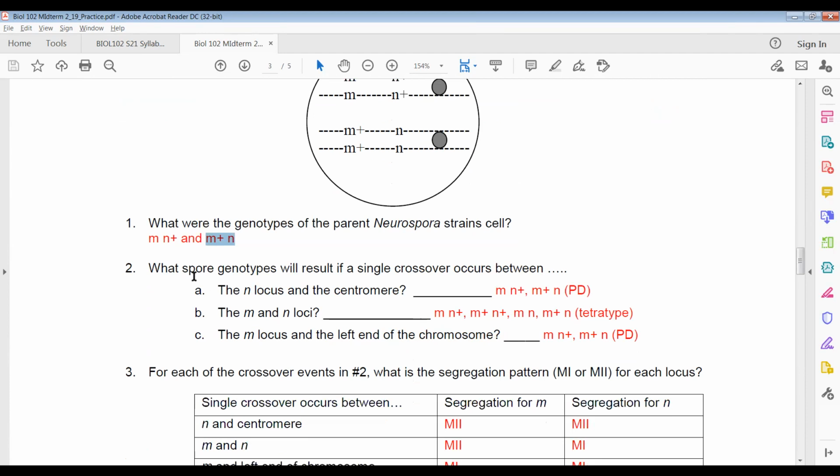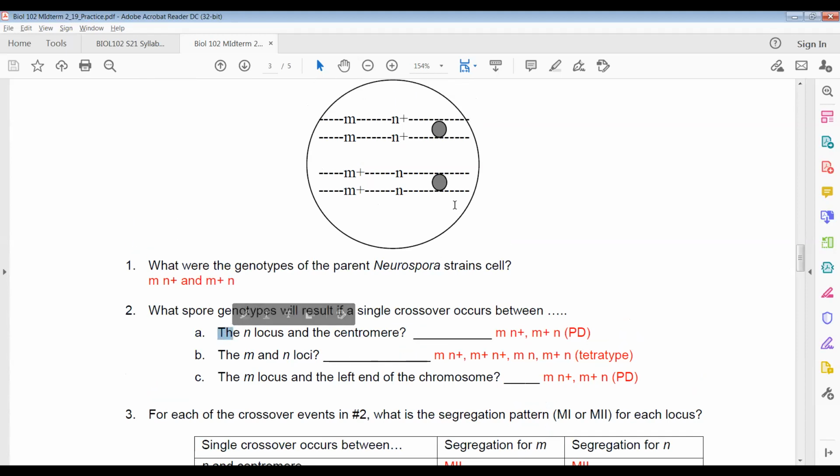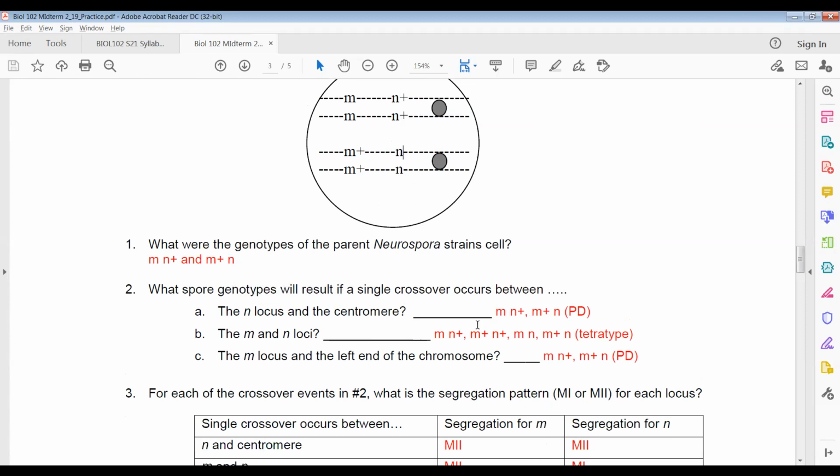Okay, now what if... what spore genotype will result if a single crossover occurs between the first one? If a single crossover occurs between the N locus and the centromere, which means that there's a crossover occurring in this region. So for example, this one and this one, if there's a crossover, so what happened here?